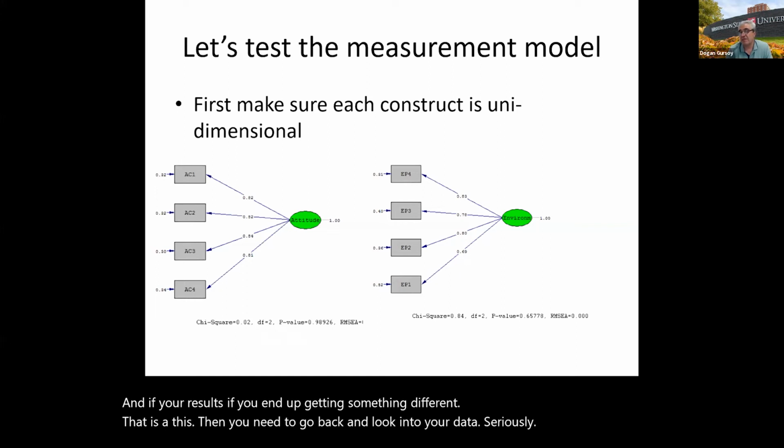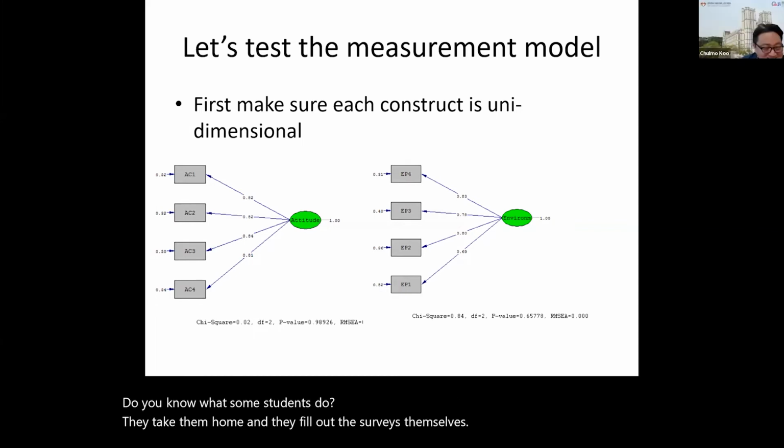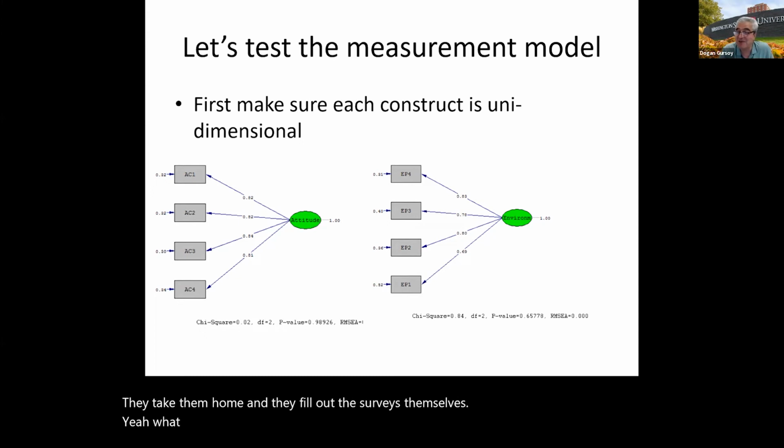It happens sometimes. We sometimes ask students to help us with data collection. Do you know what some students do? They take the surveys home and fill them out themselves. Yeah, it happens. We have to deal with that issue sometimes.